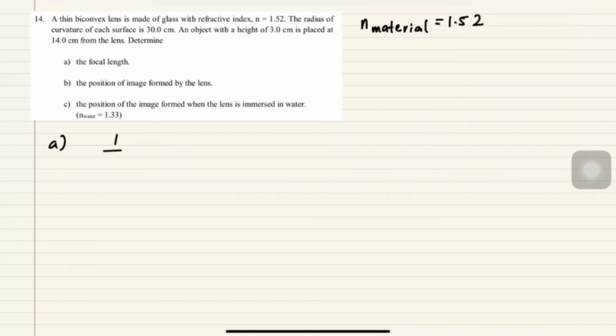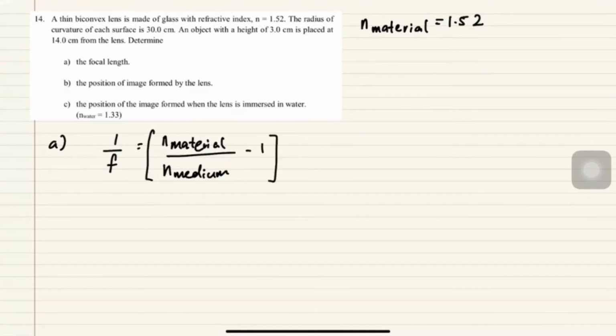So first thing first, if you want to find the focal length, you have to use this formula, n material divided by n medium minus 1 and then multiply by 1 over R1 minus 1 over R2. Okay, just double check the formula. Betul lah.